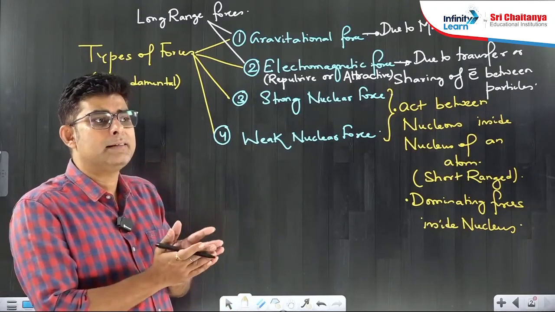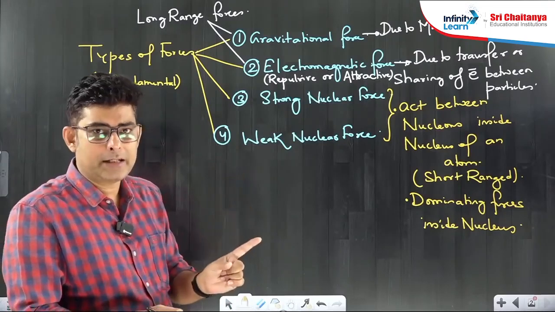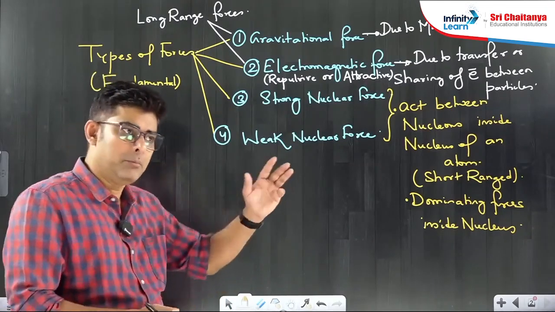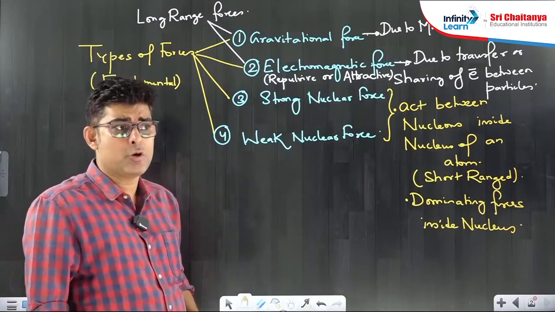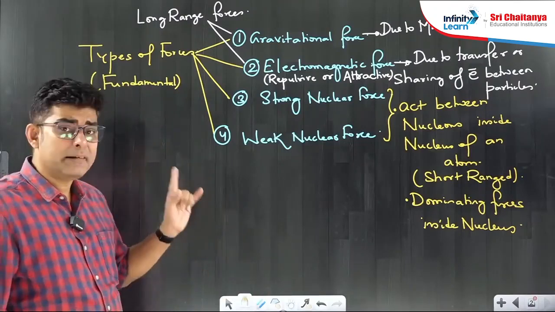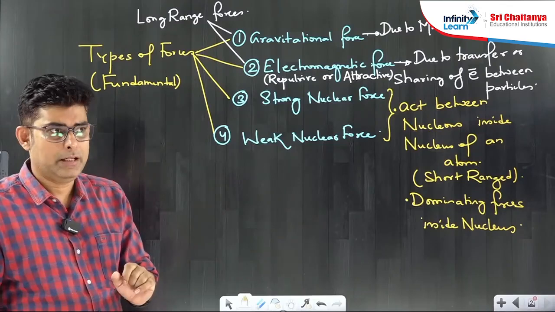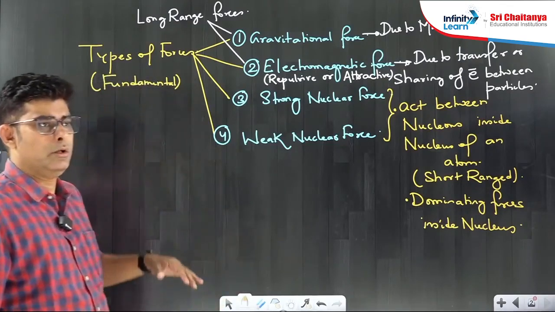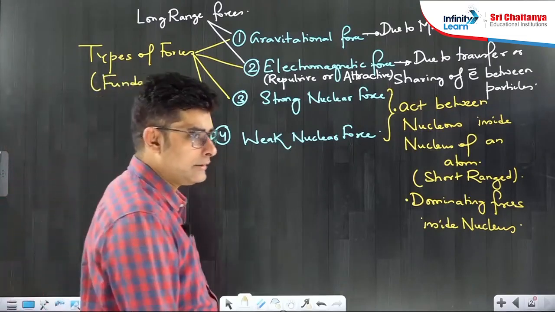If they are acting at some angle theta, then you have studied parallelogram law of vector addition, under root of a square plus b square plus 2ab cos theta. By that you can get the net force. So when I speak net force, it is the resultant of all forces obtained by vector addition. Clear? So that is what we call the net force. Understood? Okay. So now we will proceed further and we will see the important forces that we were talking of.